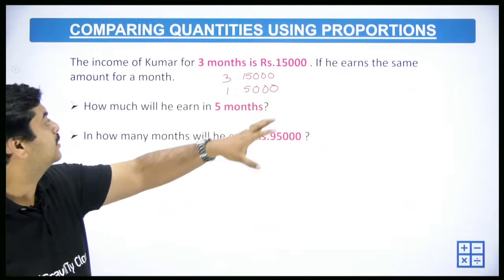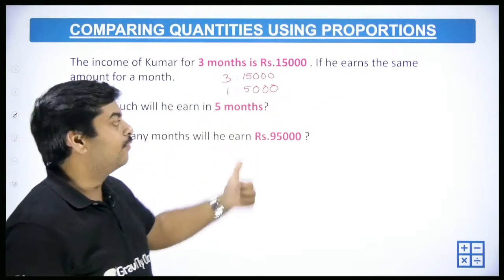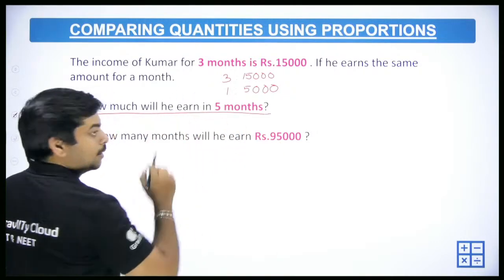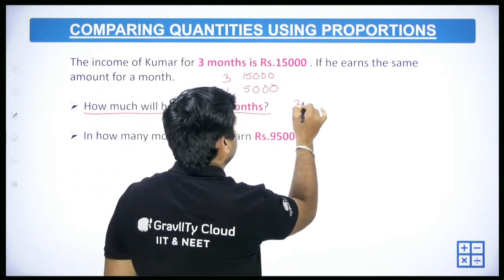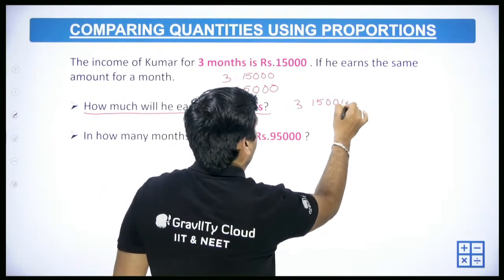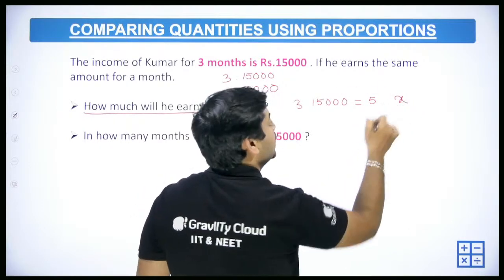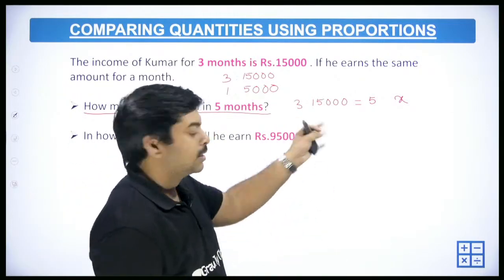And if he earns the same amount for a month, how much will he earn in 5 months? For 3 months it is 15,000, which should be equal to 5 months and some X rupees, which we don't know. So how to solve this one?